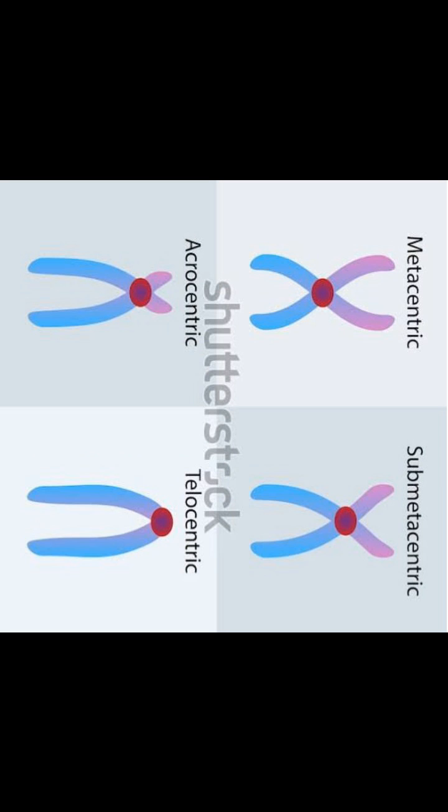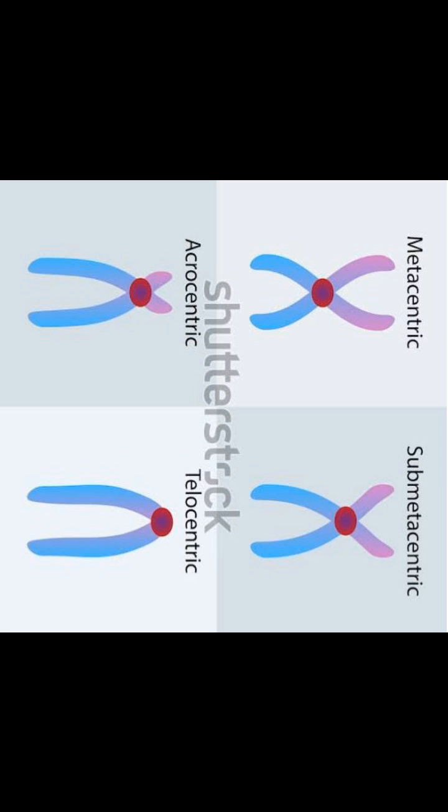First, metacentric chromosome. Make sure one point is clear: all these four types of chromosomes are divided based on the centromere position. You can see the centromere position in red color in these chromosomes. Now watch the centromere structure and position very clearly, where it is present. First I would like to explain metacentric chromosomes.